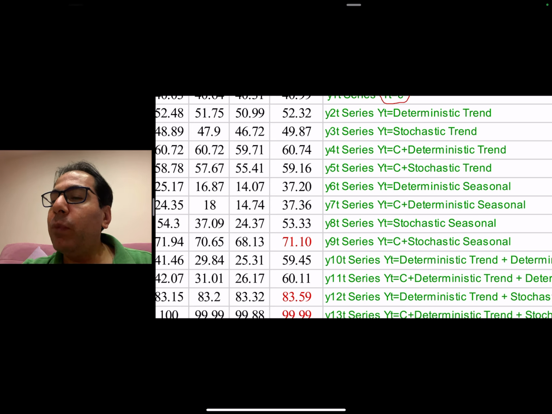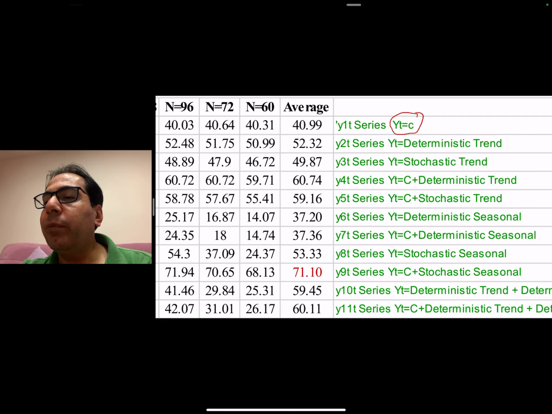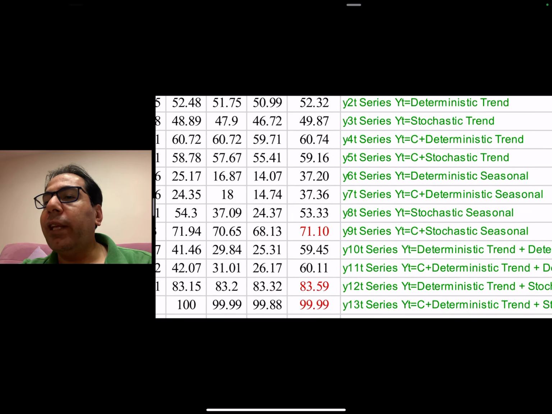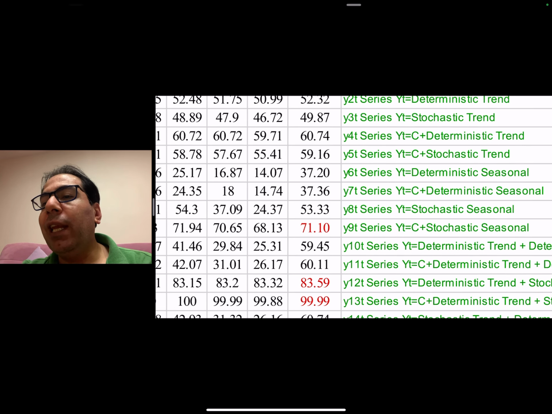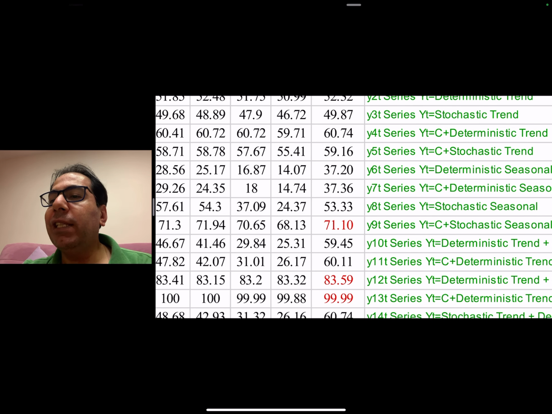If you have a time series having in reality a constant term and a stochastic seasonal term, it is very likely using the Akaike information criterion to catch the actual model. So 71%, you will have a chance to fit the actual model by 71%.